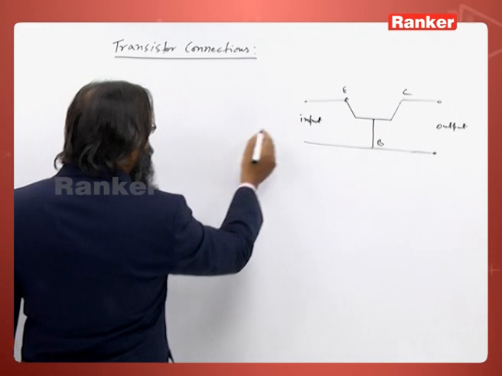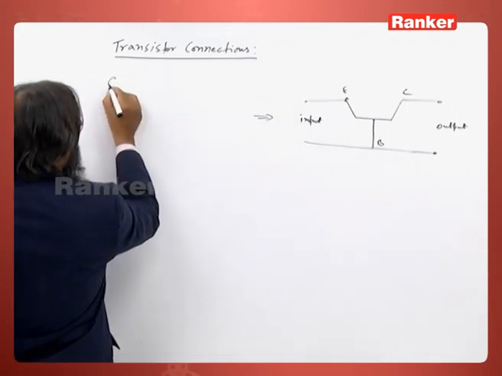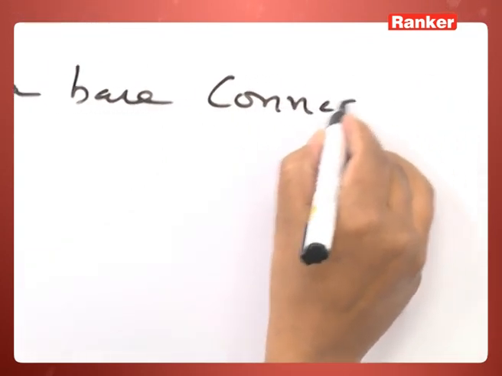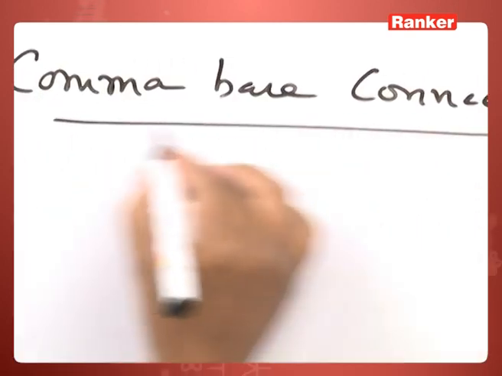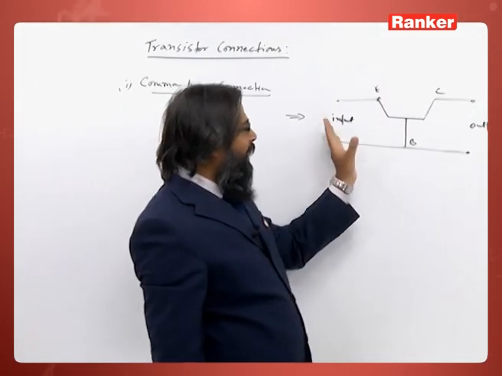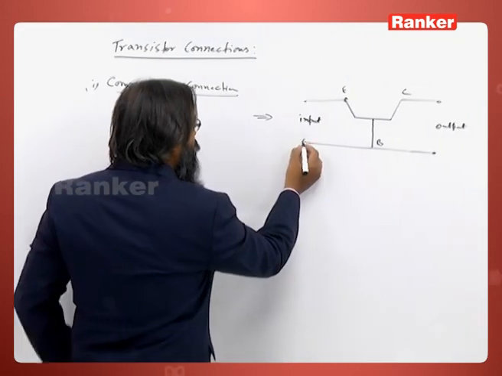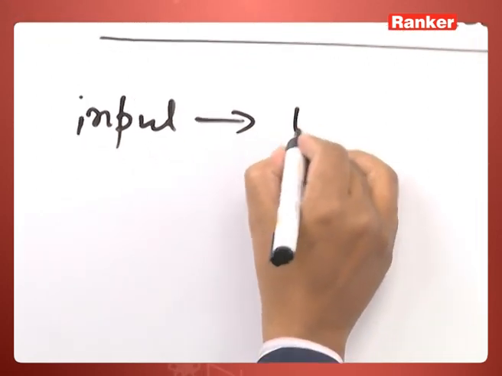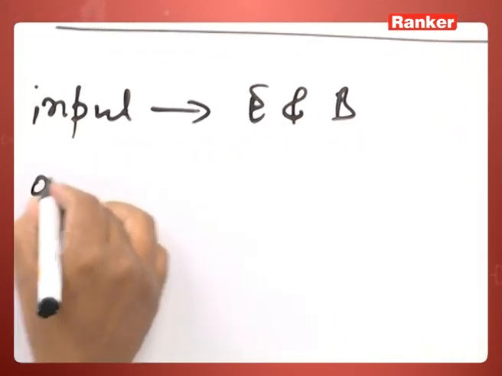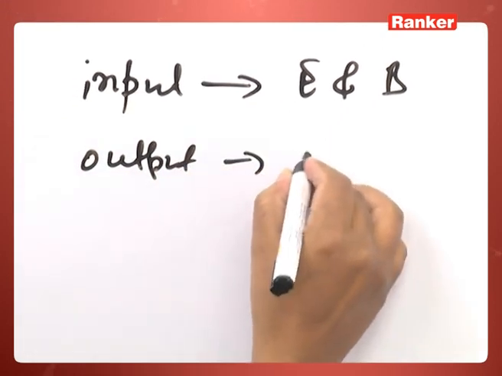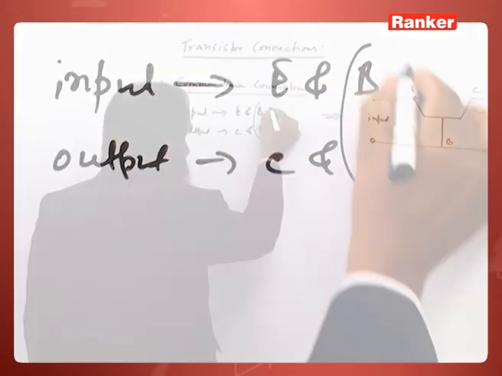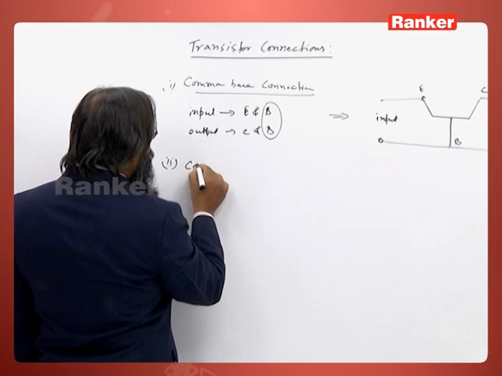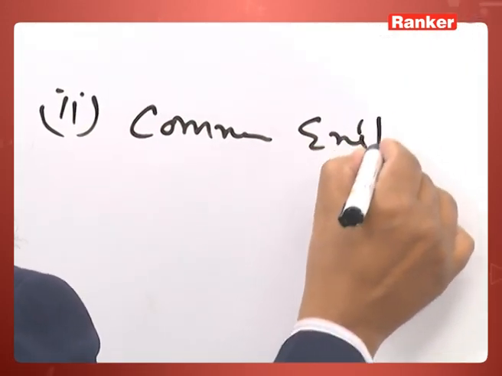This mode is referred to as common base connection. This is the first type in which the base is common in input and output. Input is provided between emitter and base, and output is provided between collector and base, and so the base is common between these two. This is one type.